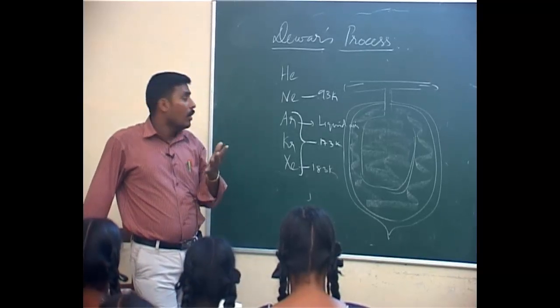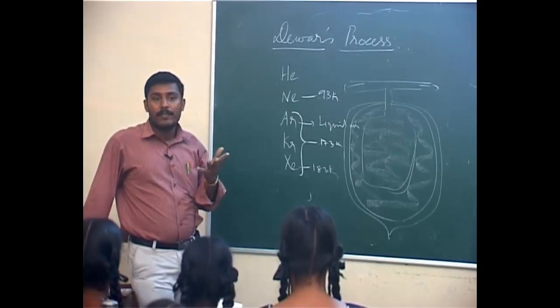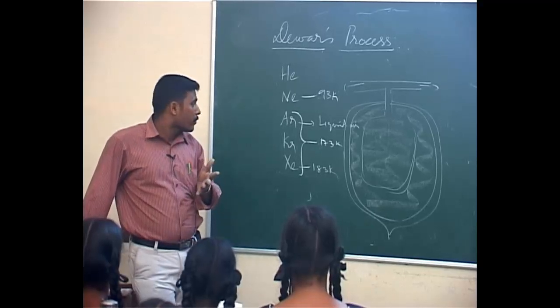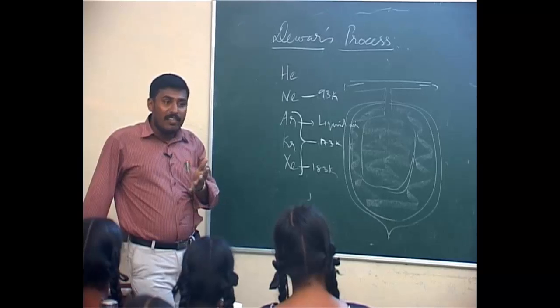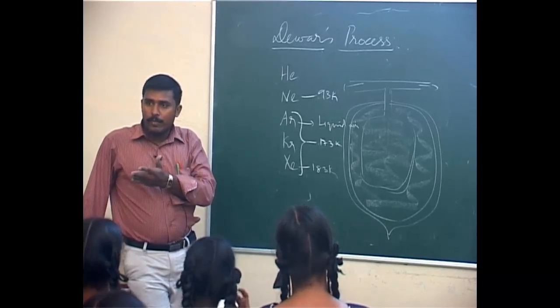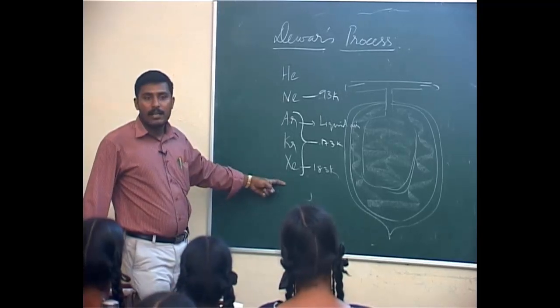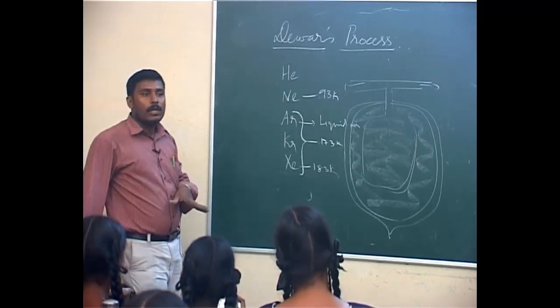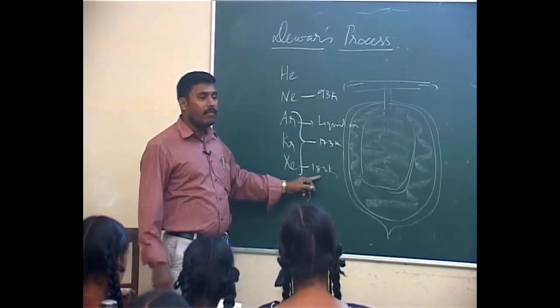But still at 173 Kelvin, argon, krypton, xenon are there. How to separate? At liquid air temperature, argon will diffuse into another charcoal. So the unabsorbed ones are krypton and xenon. We have to separate those also. So we increase the temperature from 173 to 183 Kelvin.